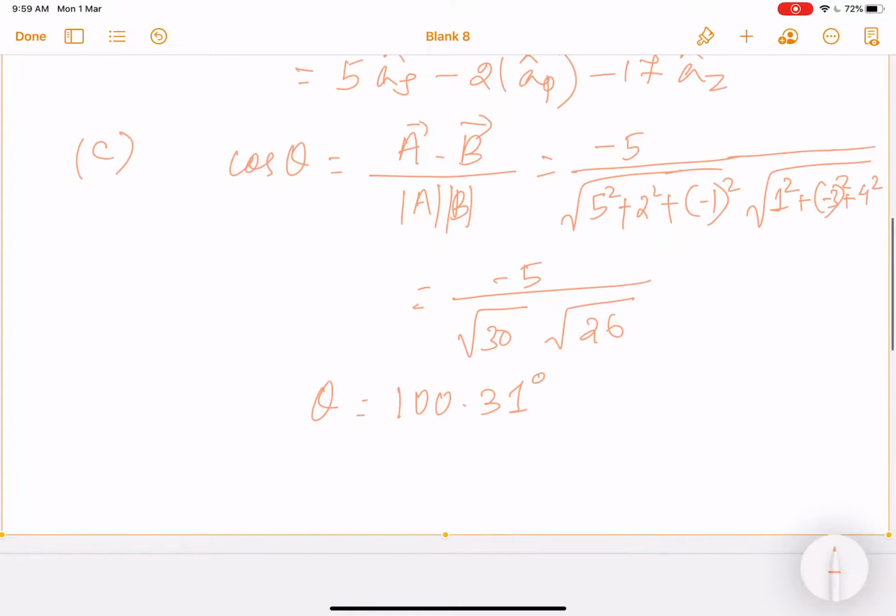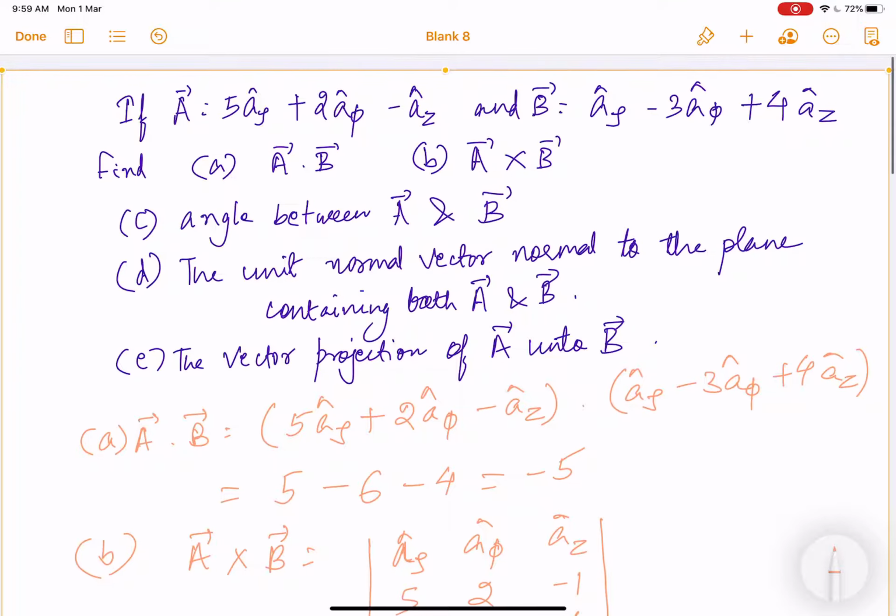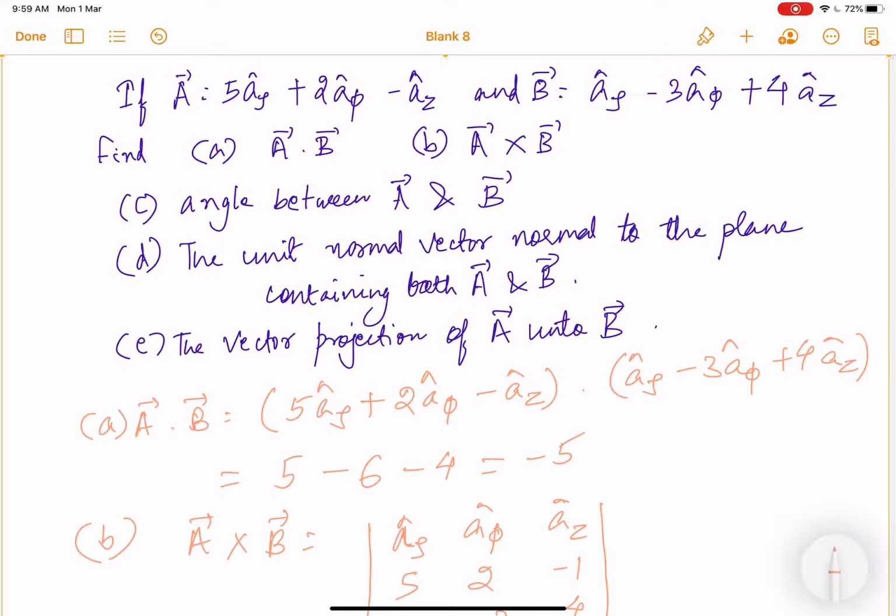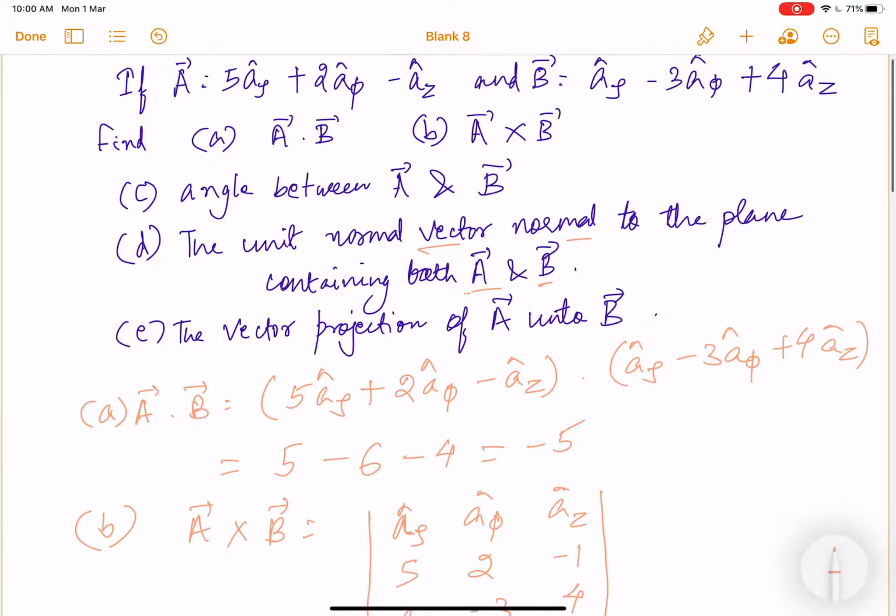Okay, then next, part D. What is the next bit saying? It says the unit vector normal to the plane containing both A and B. So if the vector is normal to both A and B, I can take out the cross product, because the cross product will give me the vector that's perpendicular to both A and B. So it'll be correct.